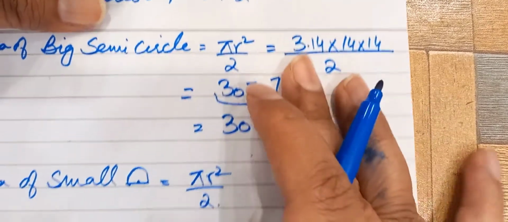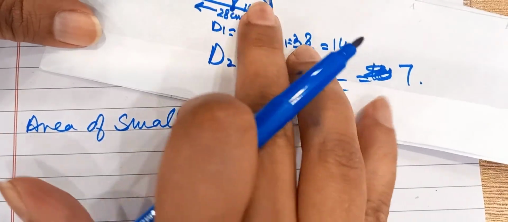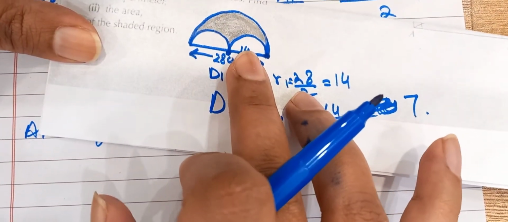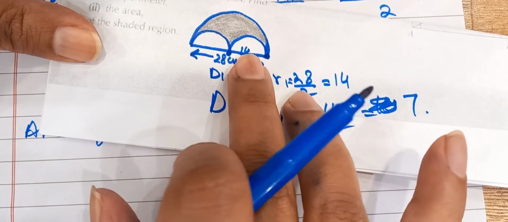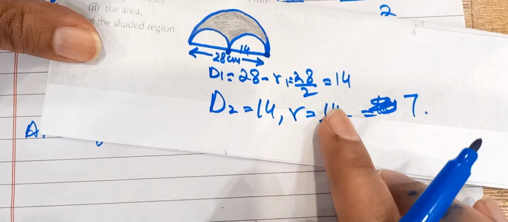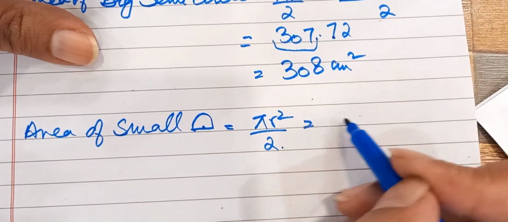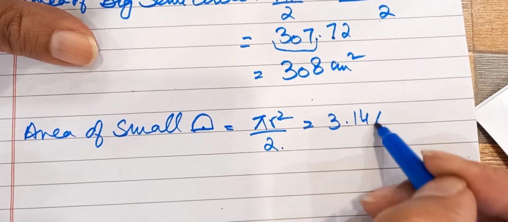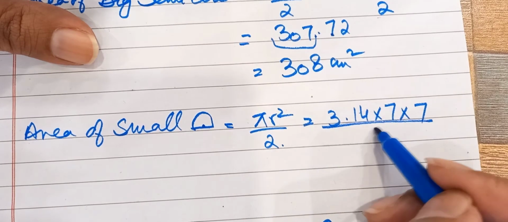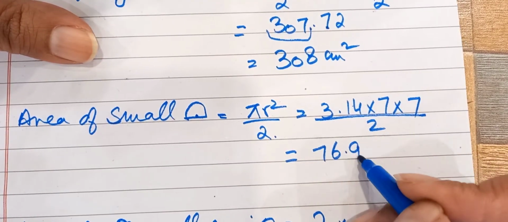Now the area of one small semicircle. These two small semicircles are identical, so first I am going to take out the area of one small semicircle. The diameter for that is 14 and the radius is half of the diameter, which is 7. So it is equal to 3.14 into 7 into 7 divided by 2, which is equivalent to 76.93.